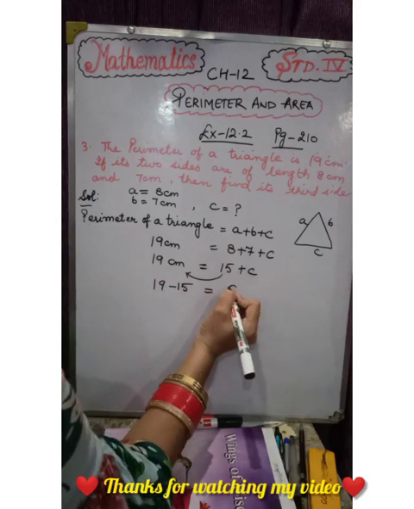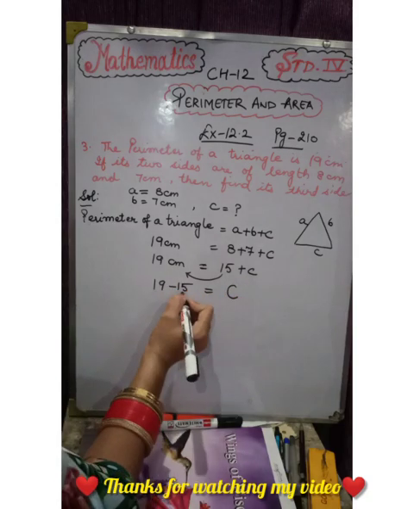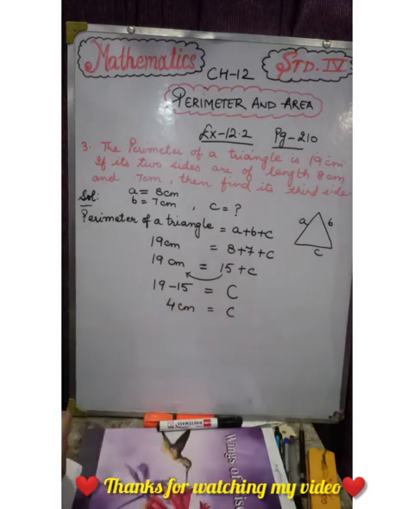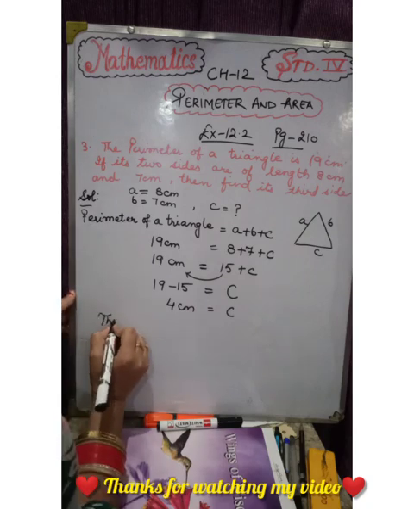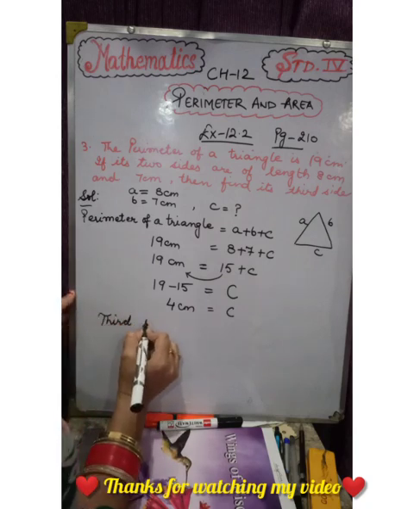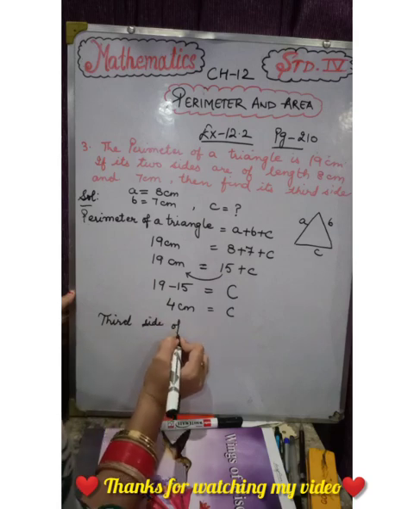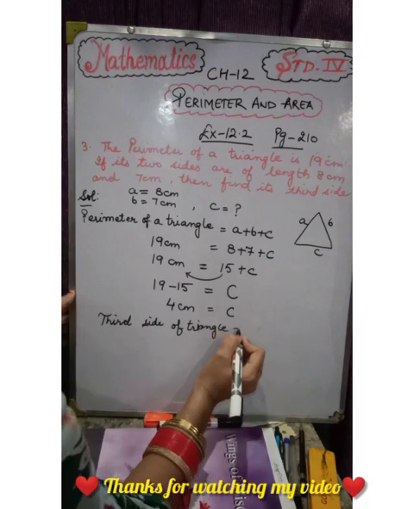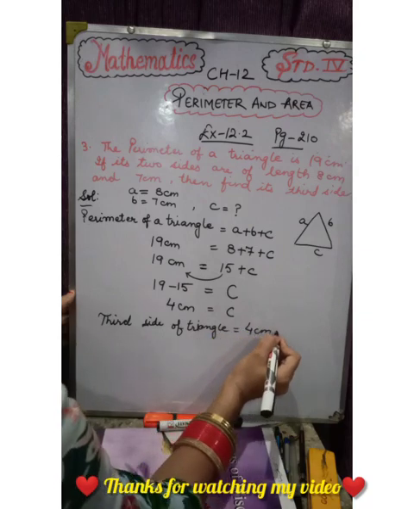This C will remain here. 19 minus 15 is 4 centimeter is equals to C. Now what is C? C is the third side. So we can write here third side of triangle is 4 centimeter.